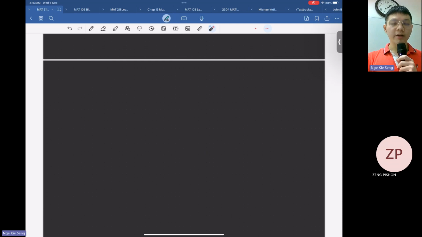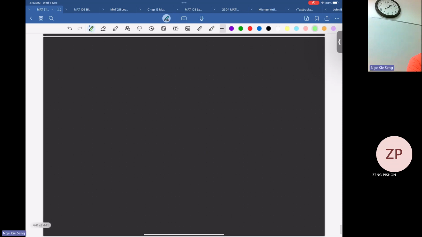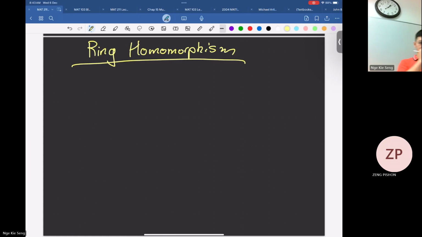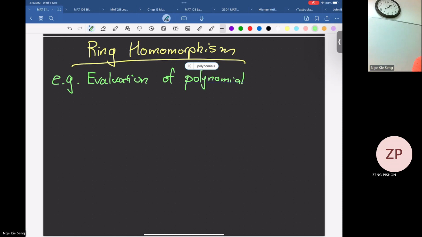Okay, if not, let's continue with rings. Remember that last time we talked about homomorphism, ring homomorphism specifically. What's an example of a ring homomorphism? One very important example is the evaluation of a polynomial.